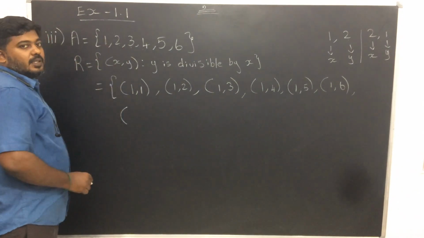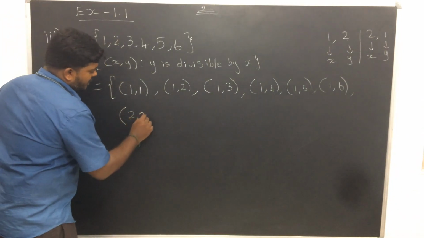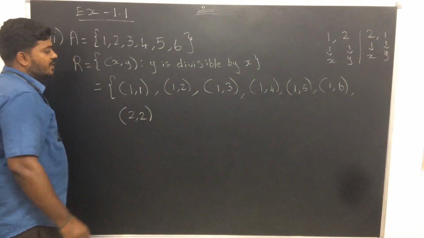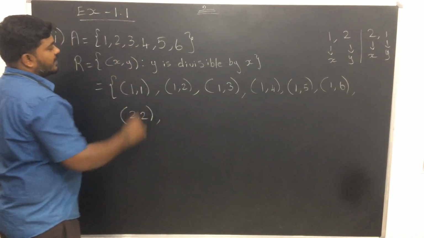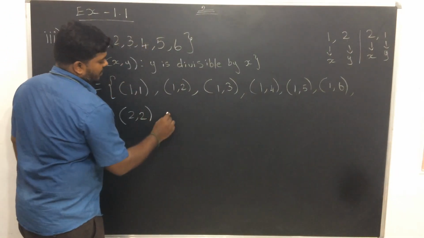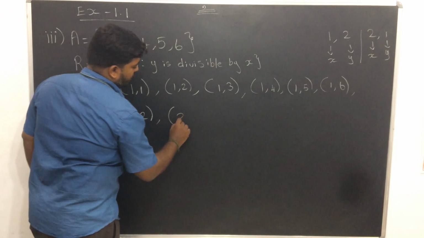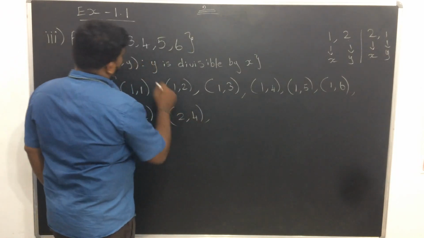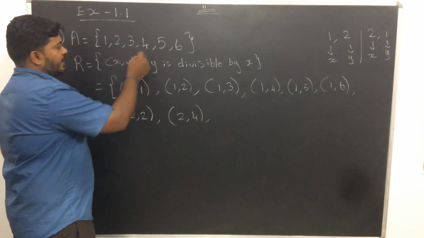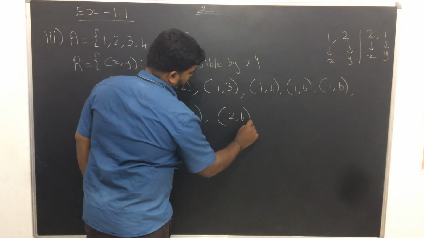Then 2 comma 2. Any number is divisible by the same number. So, 2 is divisible by 2. So, 2 comma 2 comes in the relation. Then check for 2 comma 3. 3 is not divisible by 2. So, no need. 2 comma 4. 4 is divisible by 2. 2 twos are 4, right? So, 2 comma 4 should be written. 2 comma 5. 5 is not divisible by 2. 2 comma 6. Of course, 6 is divisible by 2.